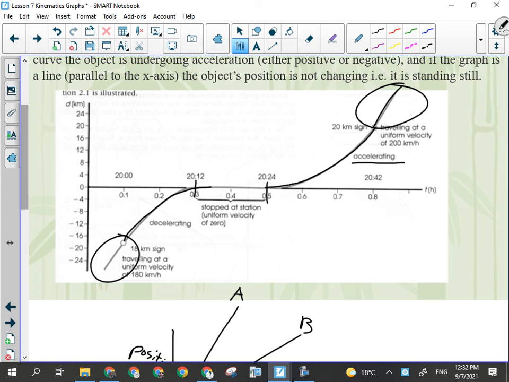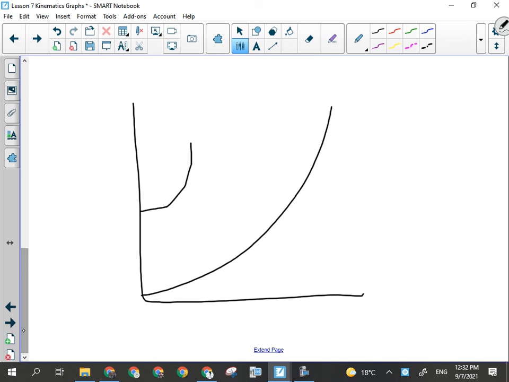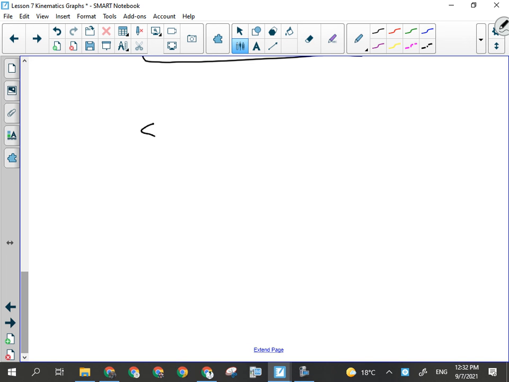Okay. Now, on this graph, you've probably seen this formula somewhere. Agreed? Maybe it was written like this.